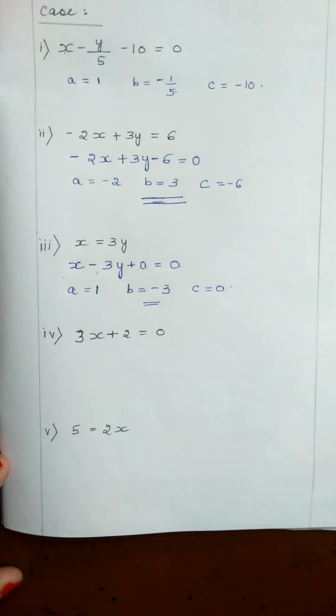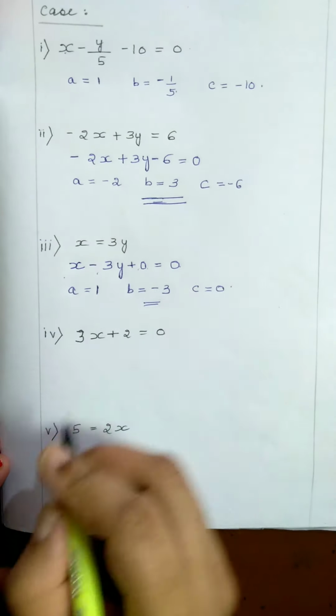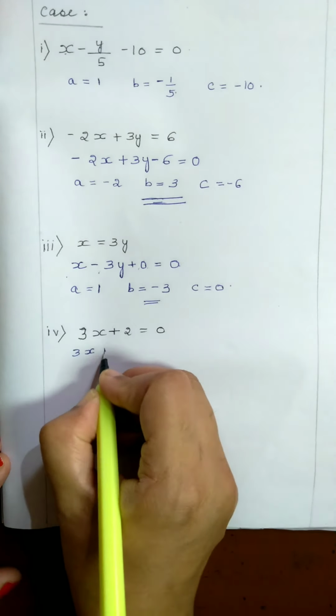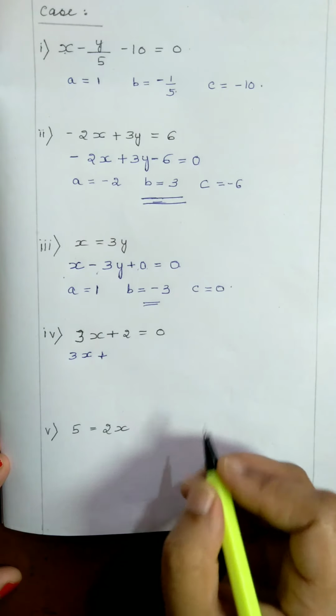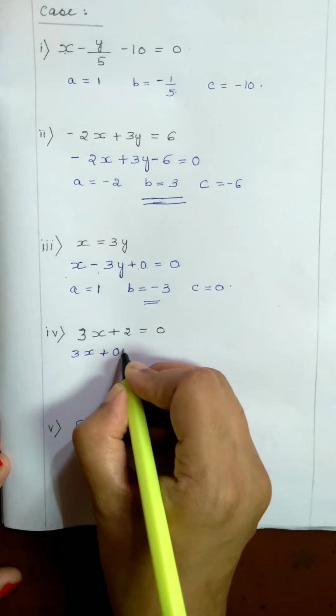Consider the next equation, fourth problem. We have 3x plus 2 equal to 0. Now we have to express it in the standard form. So 3x is ax, and we want by, so let us take the value of b equal to 0 into y.